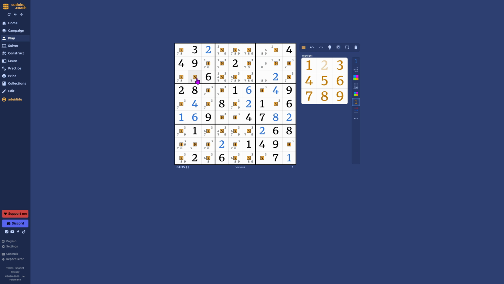Strong links are very important. A strong link means you have only 2 candidates in a column or a row, like here. So here we have locked candidates, so these 2 5s cannot be here. We take them out.